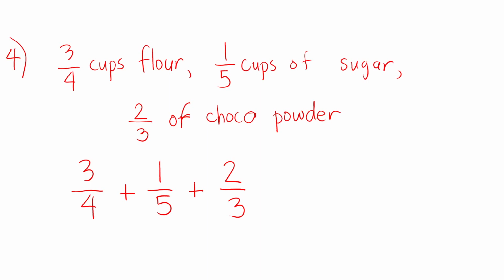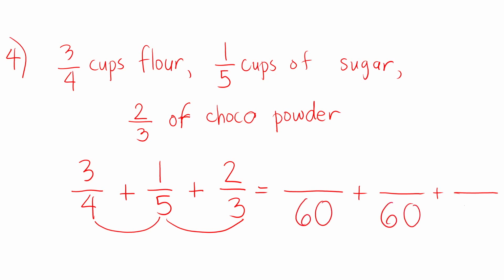Ang LCM ani or ang shortcut the same ra day siya section generosity. So meaning di ay ang process ani i-multiply ni siya kana pila man ang 4 times 5 times 3. Pila? 60. O, mo na ako ibutang diri.